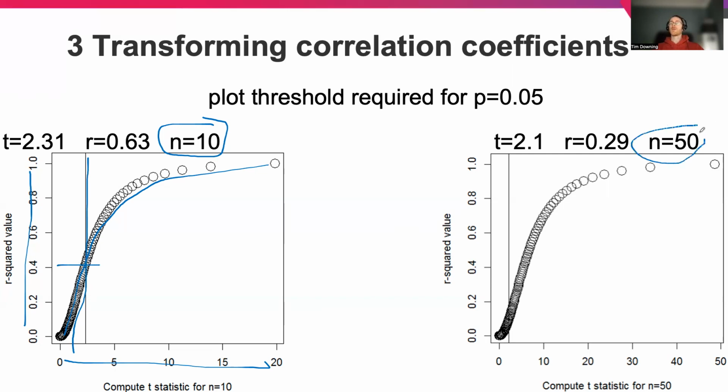If we have a larger sample size of n equals 50, the t-value threshold for a percentile of 5% is lower at 2.1, and our correlation coefficient threshold is lower as well, about 0.29, which is about here.